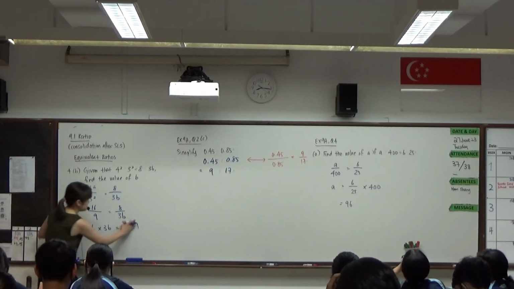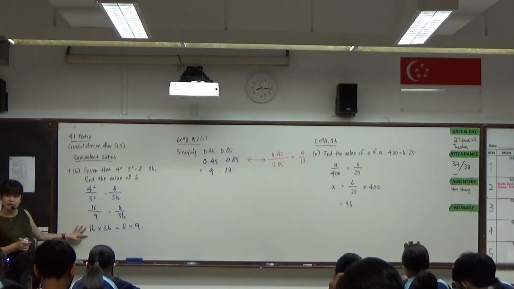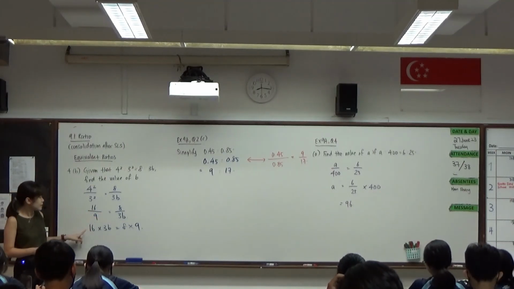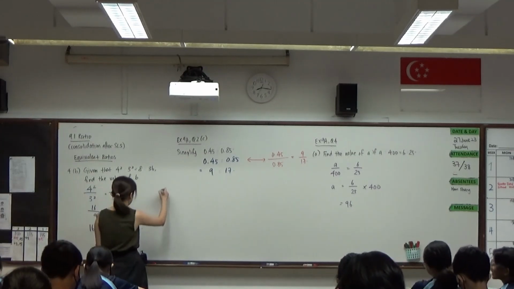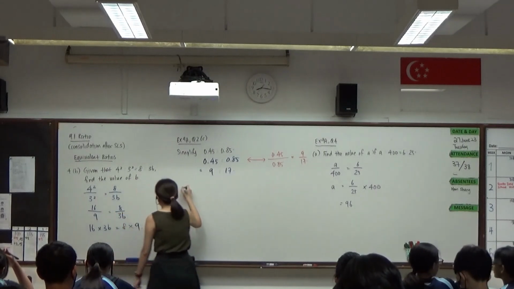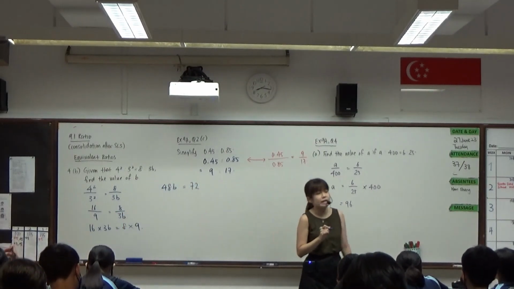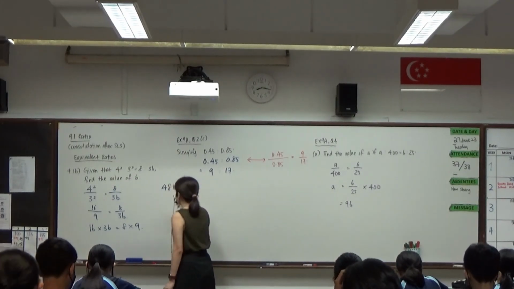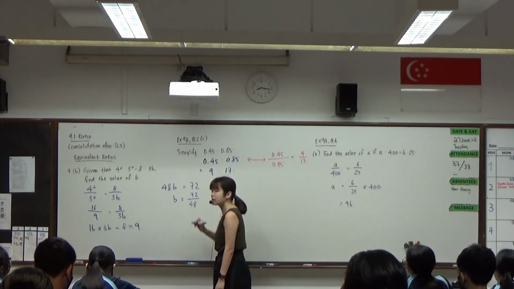Okay? So 16 times 3B equals 8 times 9 will be what we get when we do our cross multiplication. Agree? Okay, then 16 times 3, we will get 48, right? And then 8 times 9, that's 72. But our objective is to find out the value of B, and that will be to take 72 divided by 48.